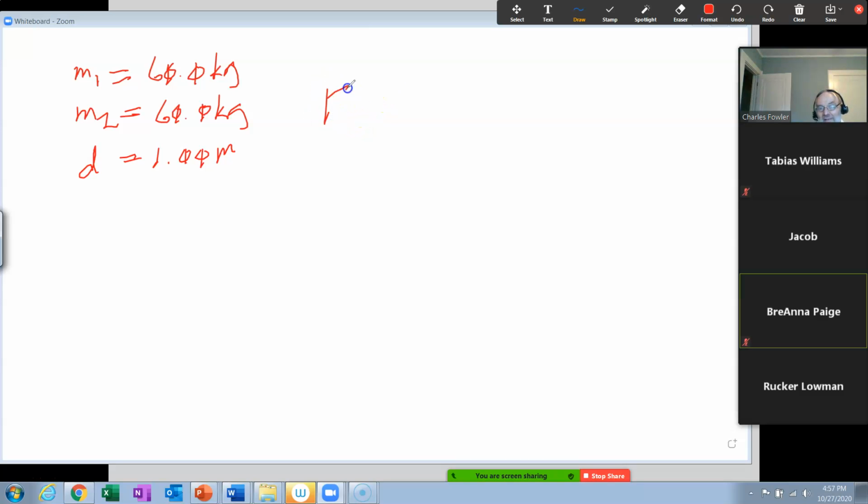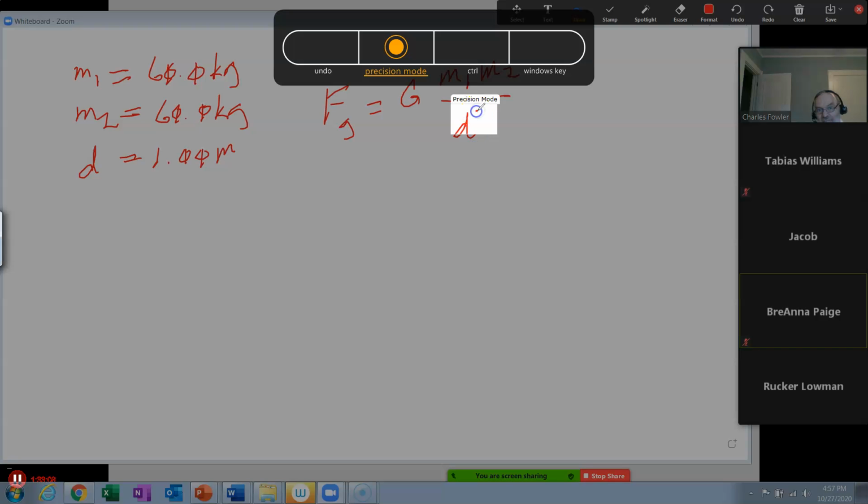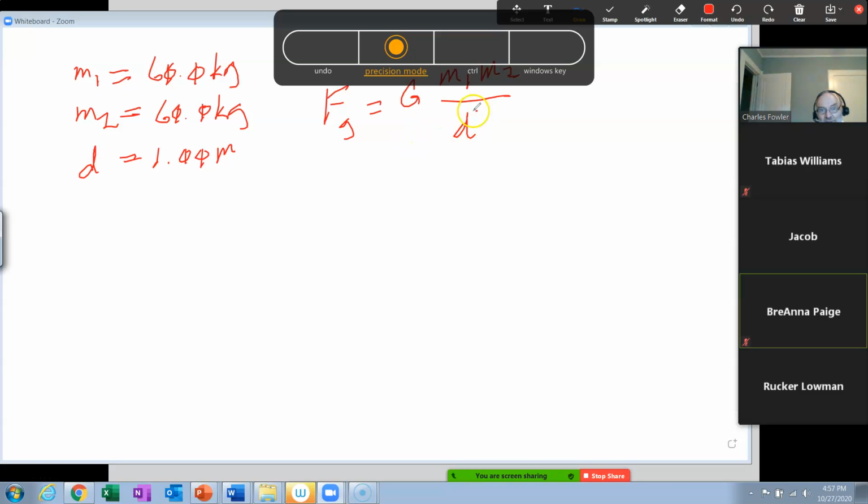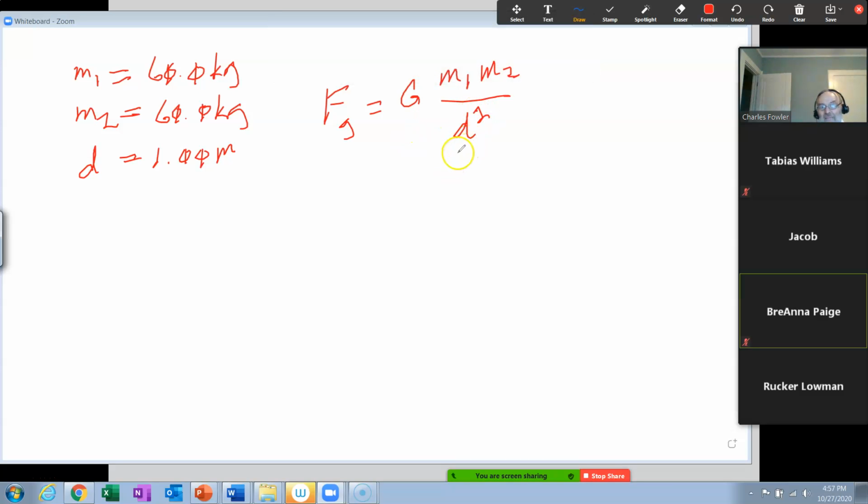Remember it came up being F, force due to gravity, is the universal gravitational constant times m1 times m2 divided by the distance squared. Now, what is that gravitational constant?